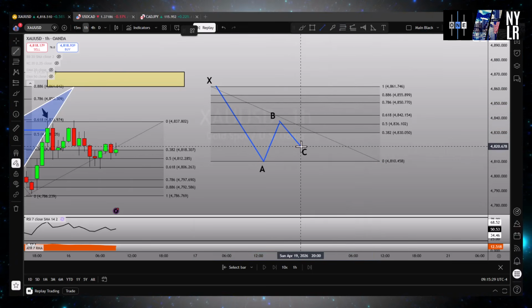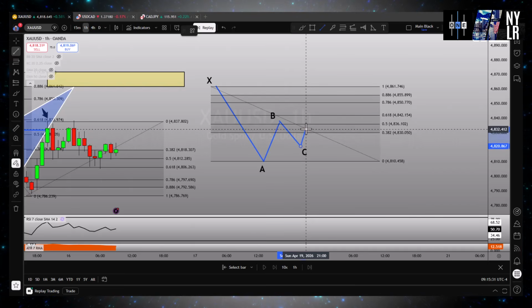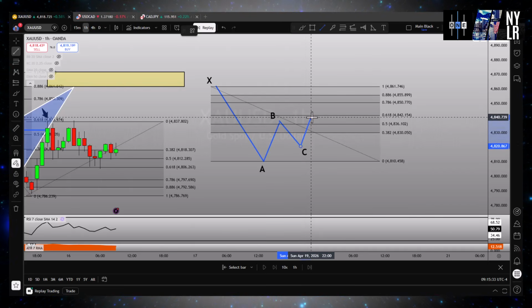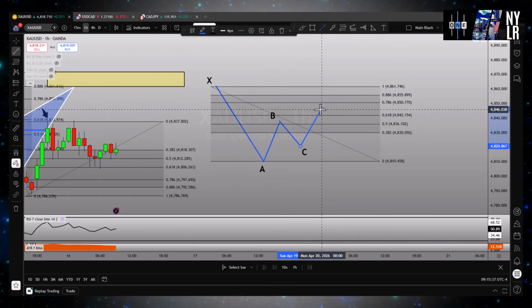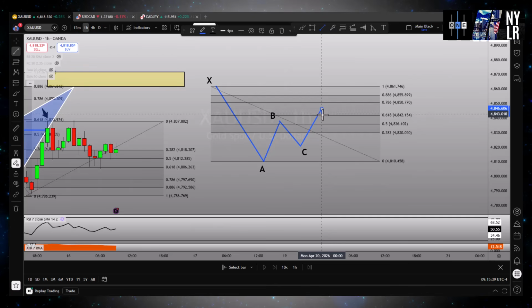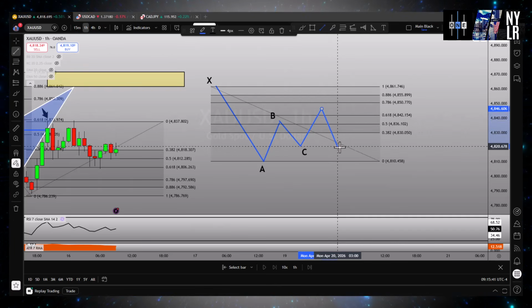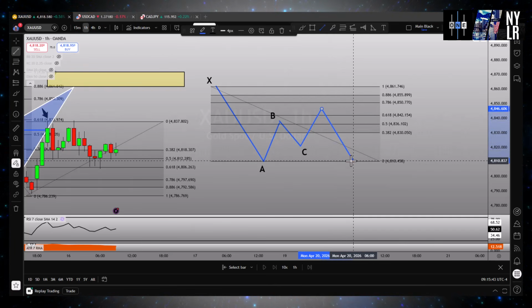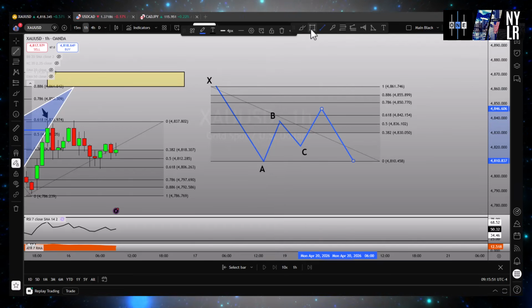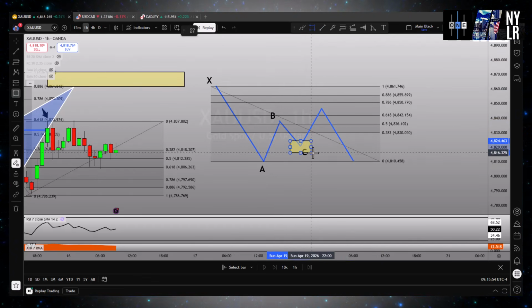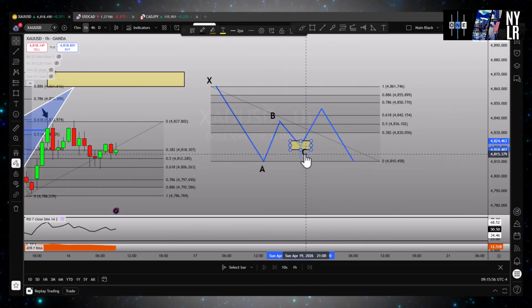So let's say price were to come up here. This is going to be a wonky looking one, but just to get the example. Let's say price were to come up here. And then we did this. Now things have to change, right? Because our C leg needs to be our deepest retracement. And although this was once our deepest retracement, it is no longer.